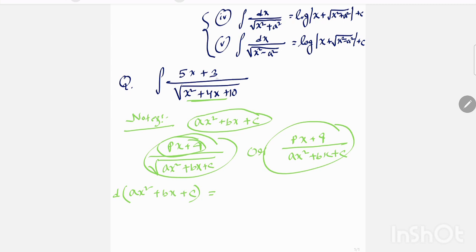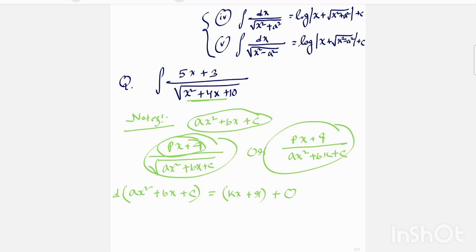Basically you have to add or subtract something and get the derivative in the upper term. The derivative can be anything, like kx plus r, and there is some constant you will get here. In this kind of form we can then see what we can apply.